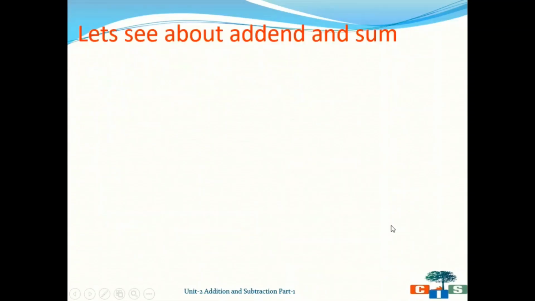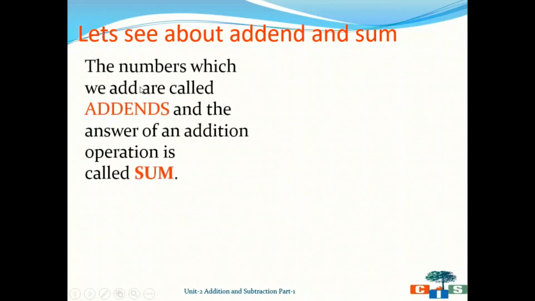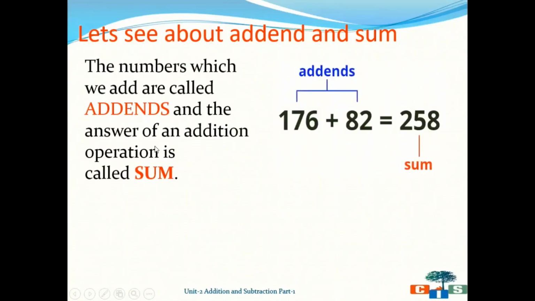Now we will see some terms which are related to addition. Here we will see about addend and sum. The numbers which we add are called addends, and the answer we get after adding the addends is known as sum. We'll see this with the help of an example. Here we have 176 plus 82. These numbers we are adding.